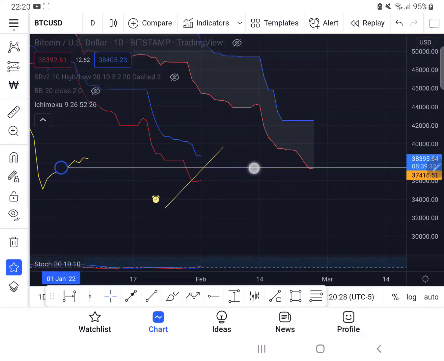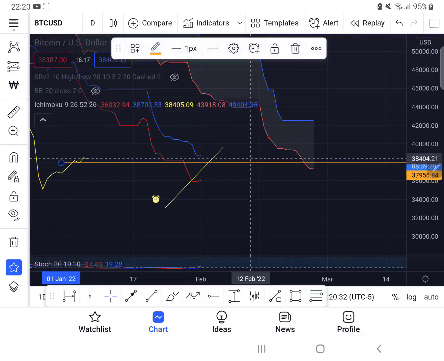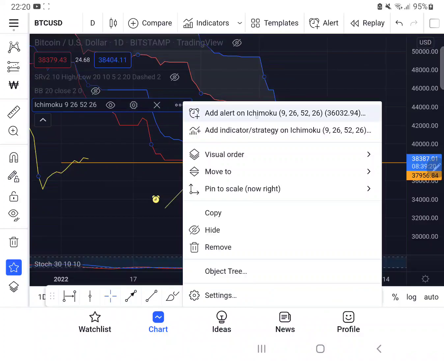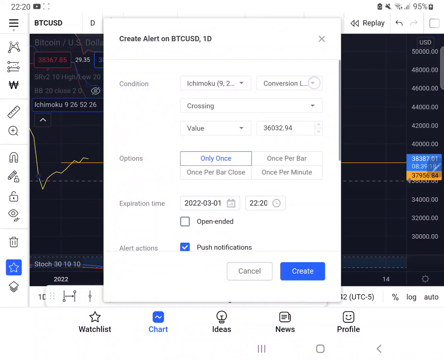So that's crossing with this horizontal line. So I will move to set another alarm on Ichimoku, the baseline, once per bar.